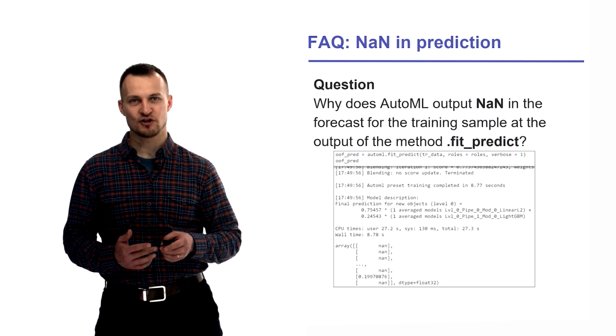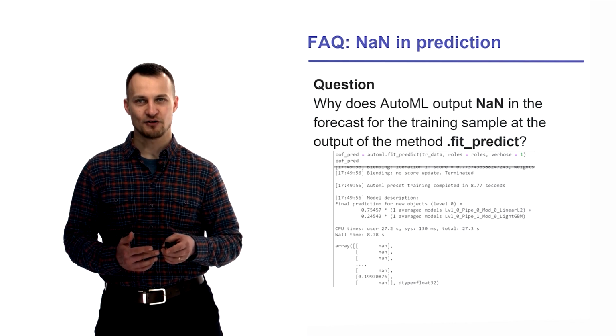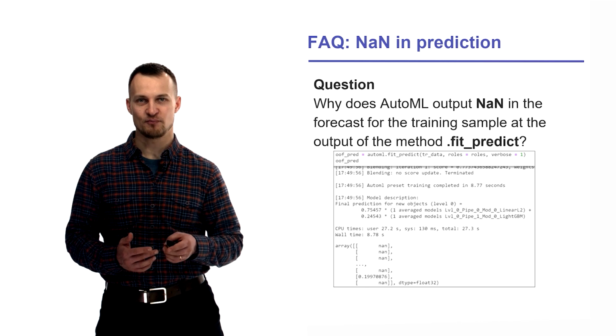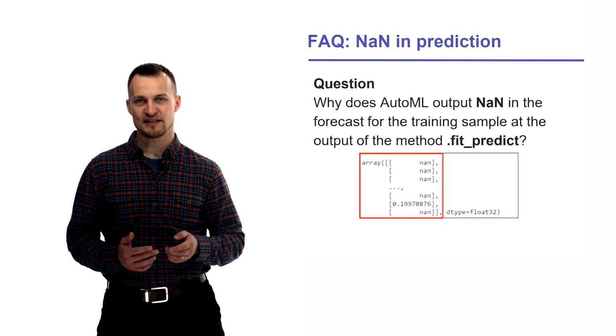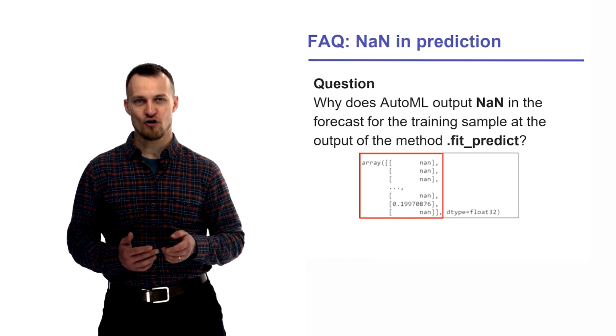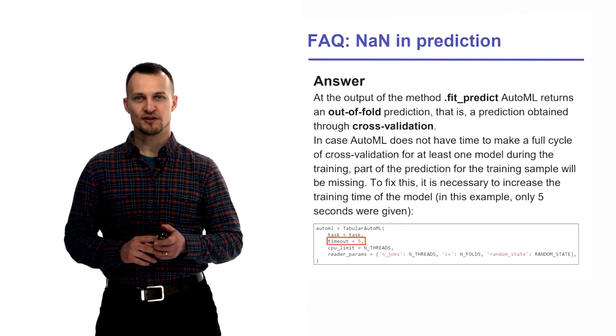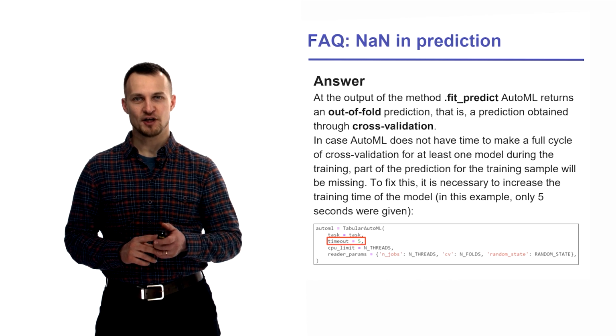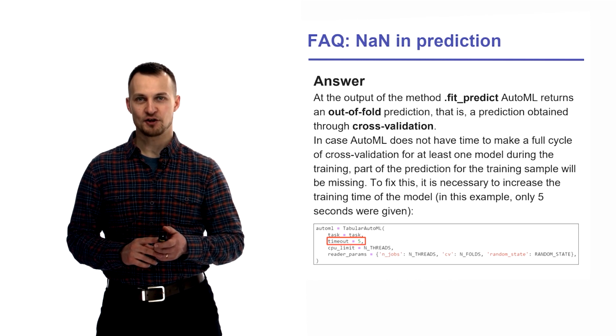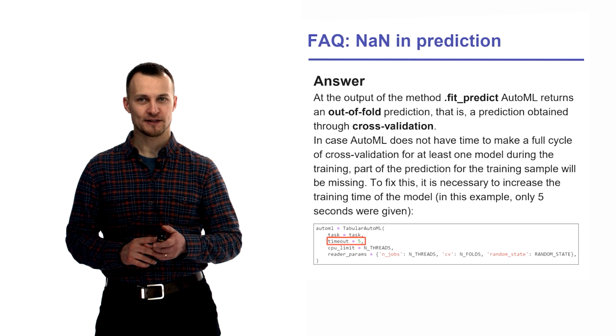and then apply it as usual. Also, users sometimes notice that not-a-number values appear as a result of the fit_predict method. It may seem that AutoML is not correctly predicting some part of the training dataset. The reason is that what appear to be predictions on the training set are actually out-of-fold predictions, that is, the predictions obtained by cross-validation.